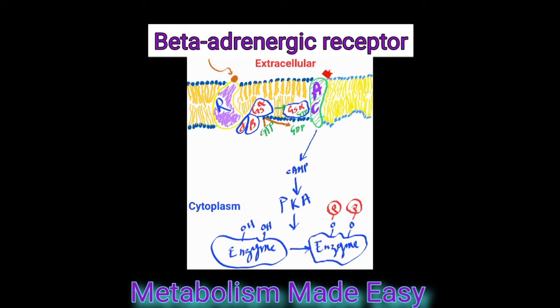The fourth important feature of the adenylate cyclase system is the identity of the second messenger in this system. The identity of the second messenger in this system is cyclic AMP, which is produced by the action of adenylate cyclase on ATP.